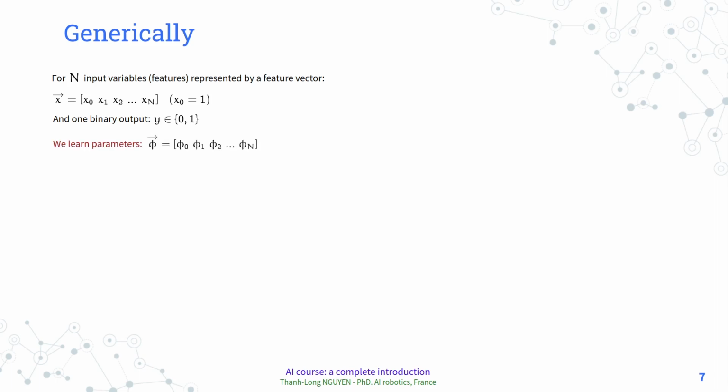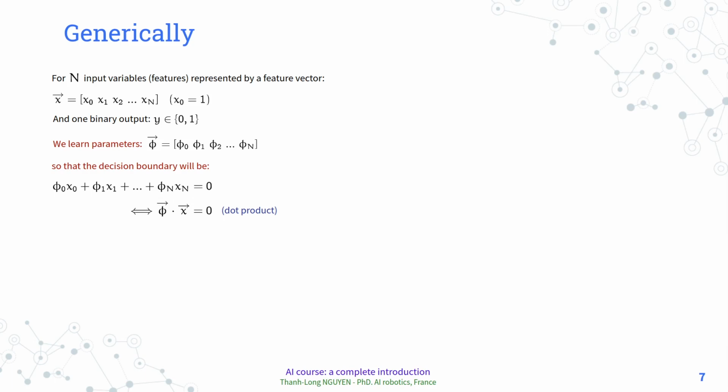Then, to solve this binary classification problem, our approach is to learn the parameter vector phi consisting of phi0, phi1, phi2 up to phin, so that the decision boundary for the classification will be phi0 x0 plus phi1 x1 plus up to phin xn equals 0. And this equation is equivalent to vector phi dot vector x equals 0. Note that we just use the dot product to simplify the above equation.